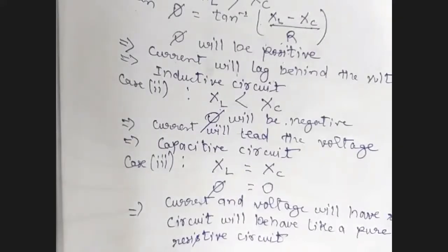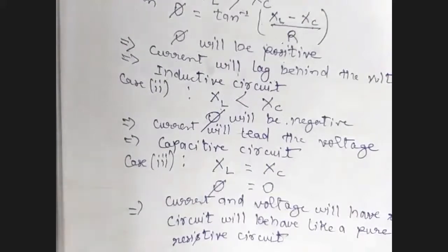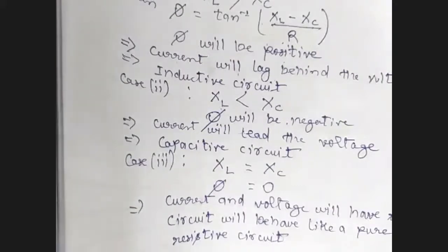So I will take the combination of omega L such that this product should be greater than that of 1 upon omega C, then only the circuit will behave as an inductive circuit. If I want a capacitive circuit where current should lead the voltage, if I am fixing the frequency of the signal omega, then I can play with the values of C.